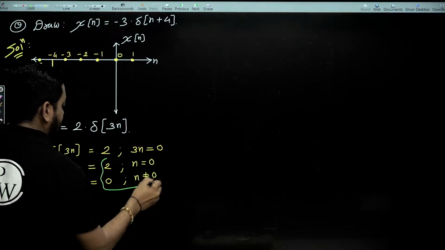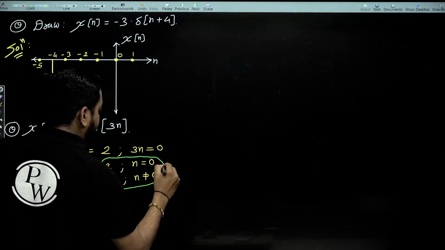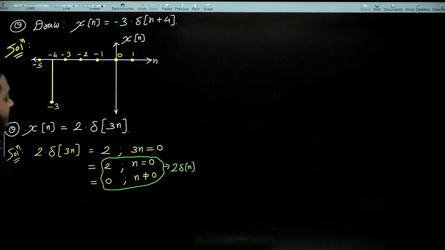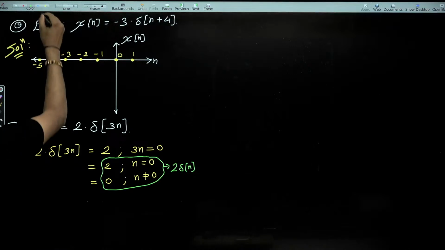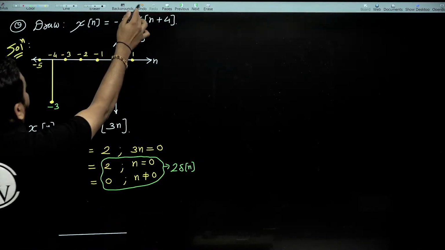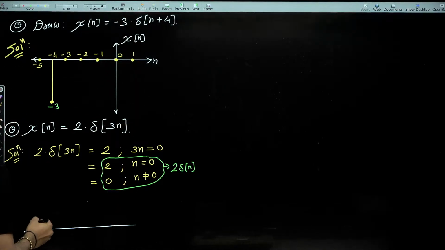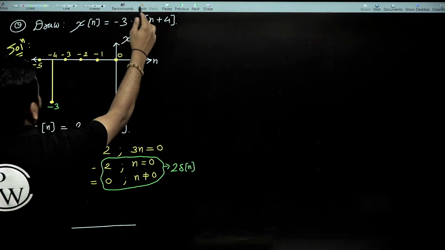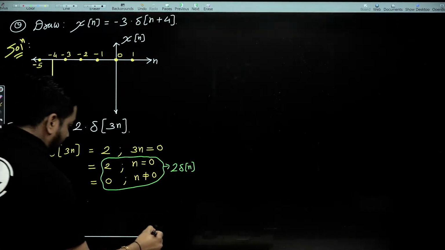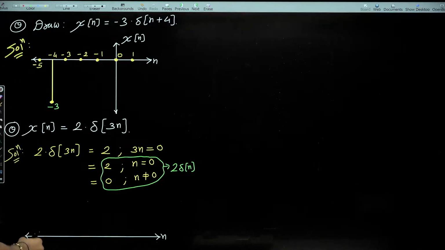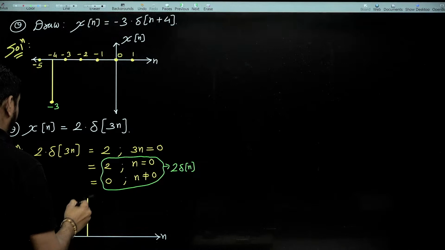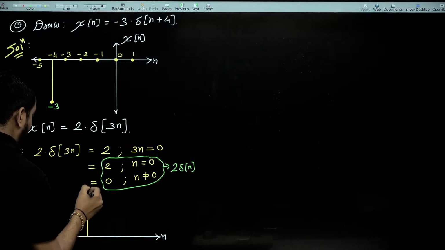Can we say like this? Nothing but 2 times del n, guys. Yes or no? Okay. So here this impulse is located at the origin, at n equal to 0, origin only, guys, correct?